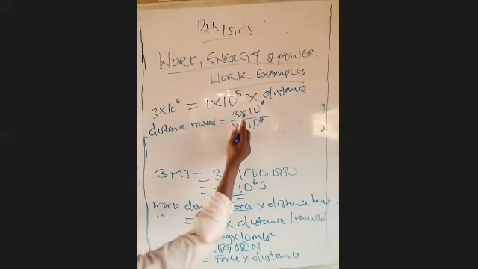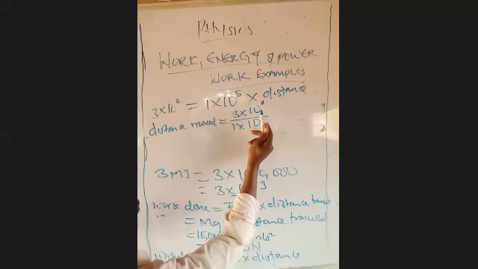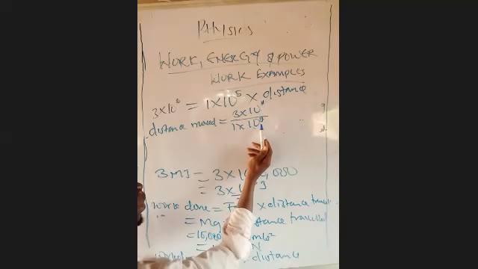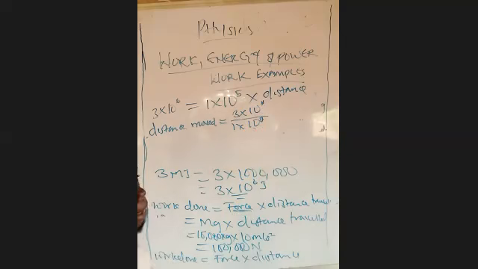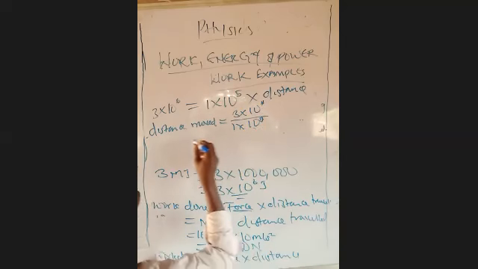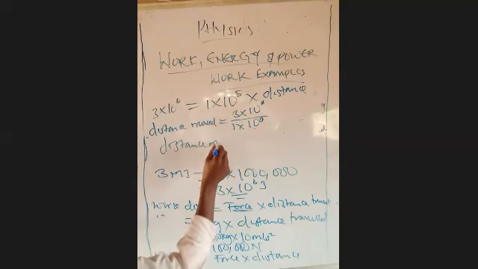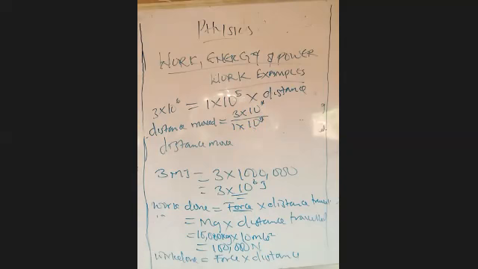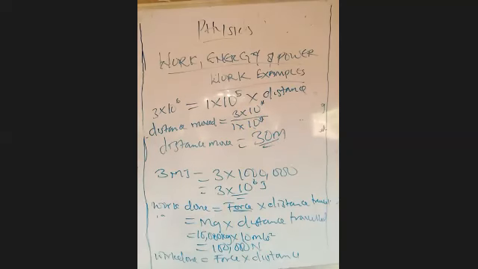And 3 times 10 raised to power 6 in standard form is the same as 3 million. So 1 times 10 raised to power 5 is the same as 100,000. So it is just like we are saying 100,000 in 3 million, and this will give us 30. So meaning that the distance moved is 30 meters, and that's our final answer.